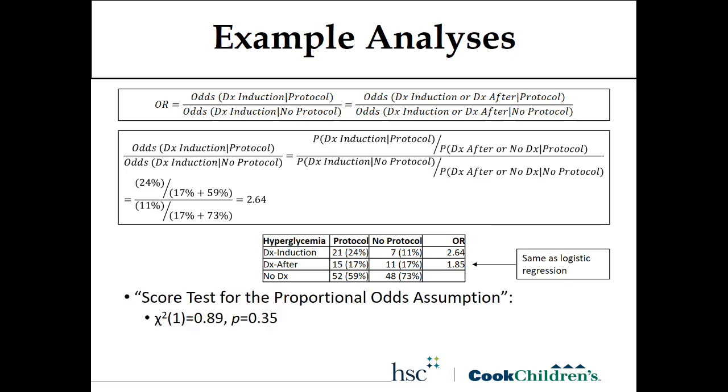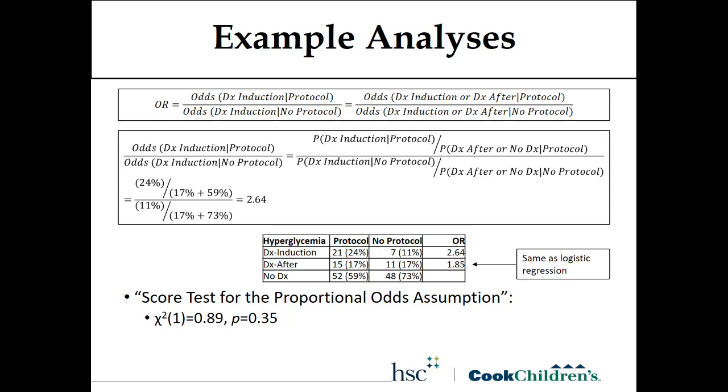So this assumption, like I said, is that 2.64 is supposed to be equal to 1.85. Nothing's ever going to be exactly equal when you're doing this with real data. They're always going to be subtly different. But are they different so much that the proportional odds assumption is not tenable? Well, in this case, there's a score test for the proportional odds assumption that comes through in SAS and R, and probably in SPSS too.